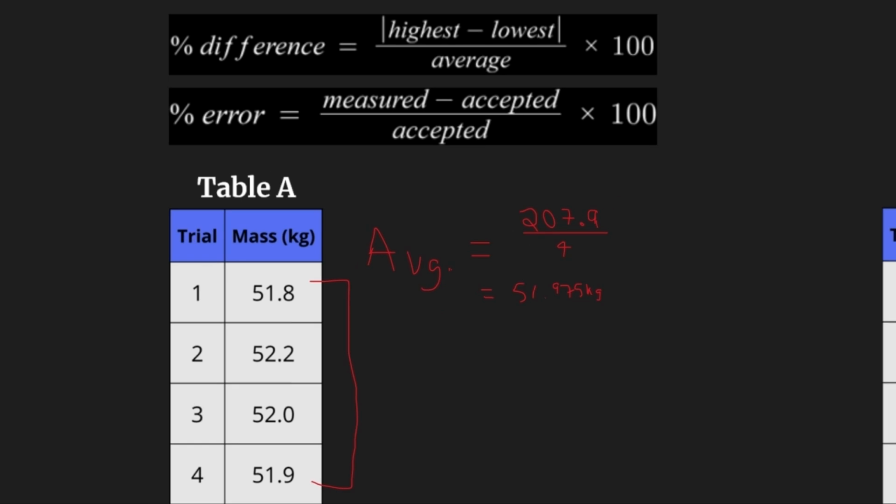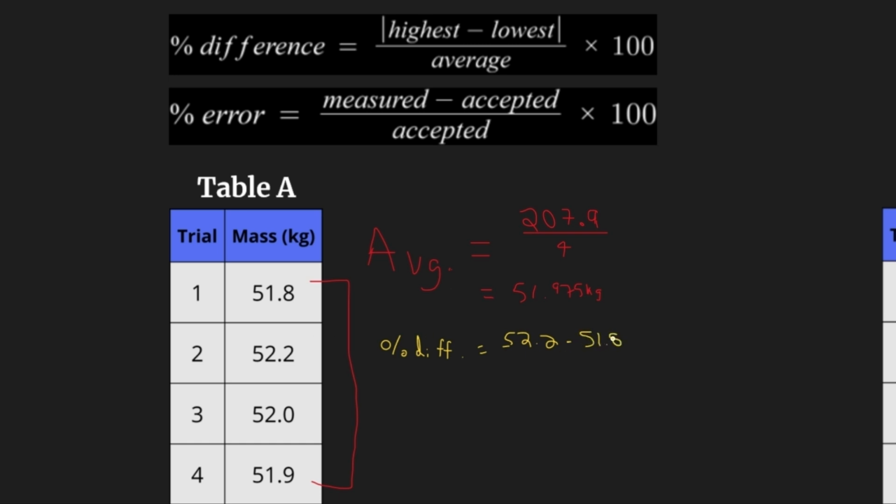Now that we have this, let's go back to table A, and we're going to calculate the percent difference. So I'm going to abbreviate that as percent DIFF. And we will take our highest value, which is 52.2, and subtract it by the lowest value, which is 51.8.